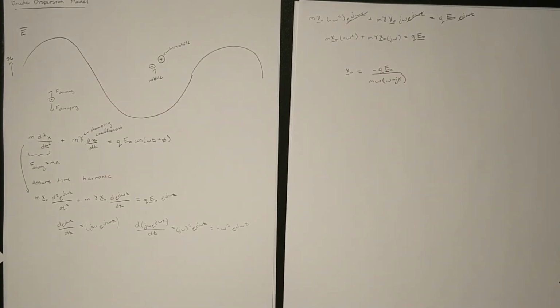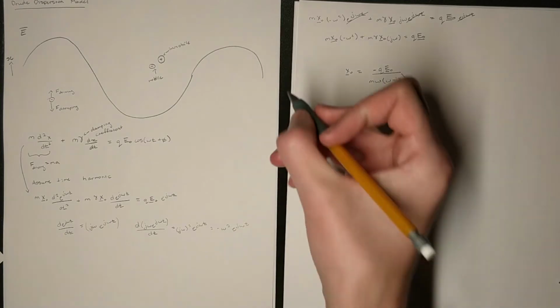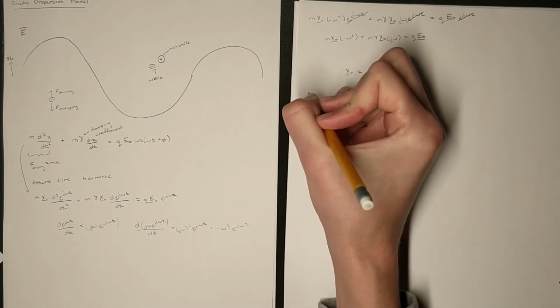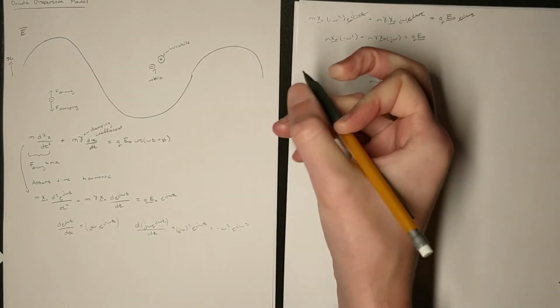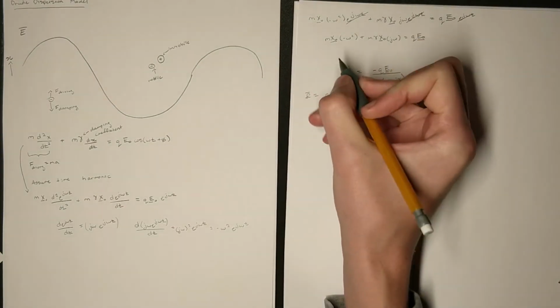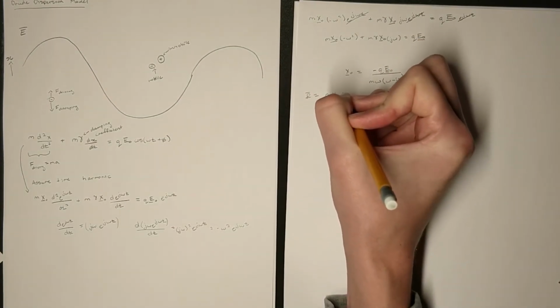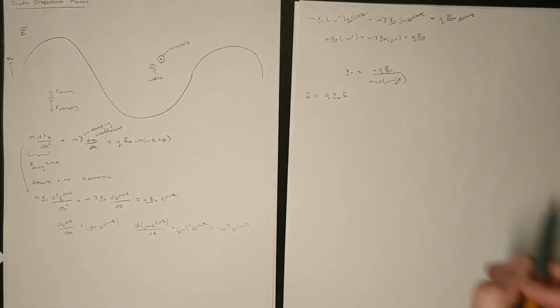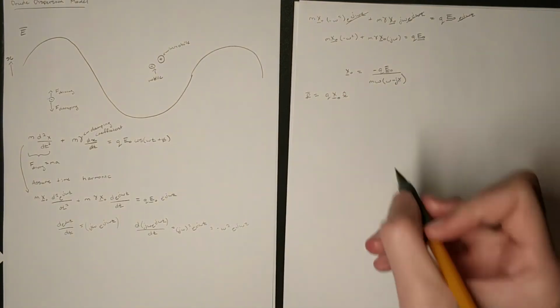Next, we consider a dipole moment, and the dipole moment is defined as q x naught phasor times some x direction, where this x direction can be arbitrary.